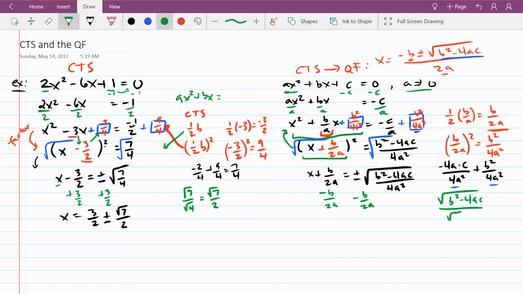But over here, all I can do is simplify this denominator. Square root of 4 is 2, and square root of a squared is a, which is 2a. Again, we could do that here because it's multiplication. And really, I'm thinking square root of 4 multiplied by square root of a squared. But this numerator, I can't do anything.